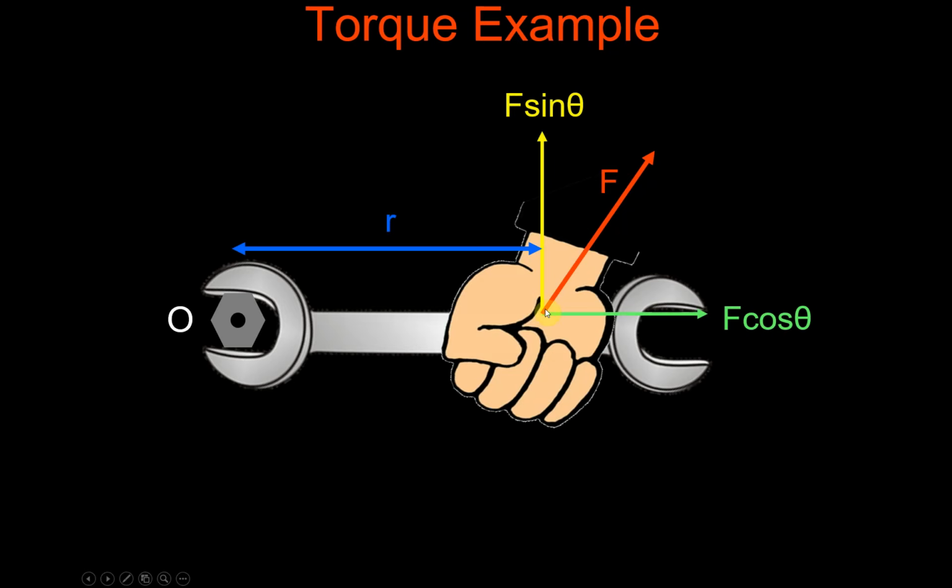We don't really care about this x component. What we care about in terms of the twisting force here is what forces are being applied downwards or upwards in order to turn this particular nut around, in order to provide a torque on this object. And that torque here will be whatever force we have here times r. Hence, torque is r f sine theta.